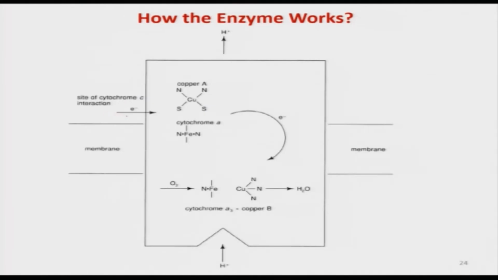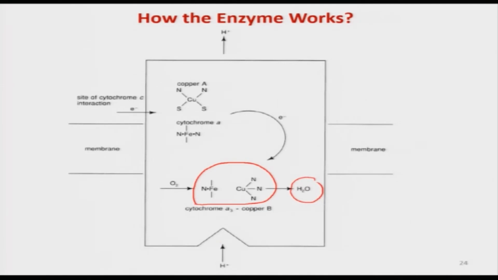Cytochrome C gives electron to copper A and cytochrome A, they get reduced and they transfer this electron to cytochrome A3 and copper B, and then this copper A and cytochrome A get oxidized, and this is the place, cytochrome A3 and copper B, where actually dioxygen binds and is converted to water molecule in presence of H plus ion.